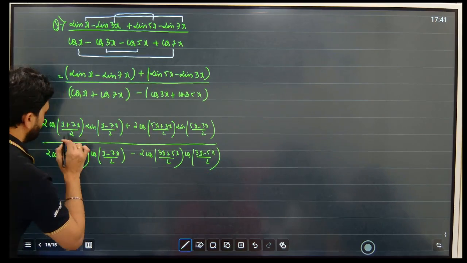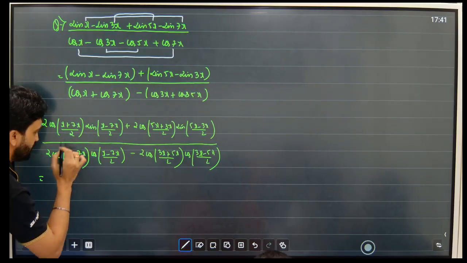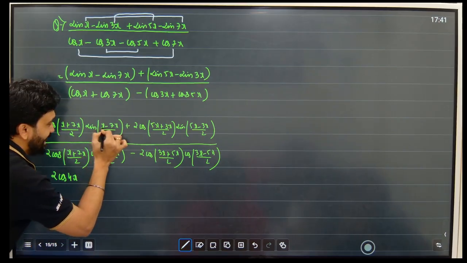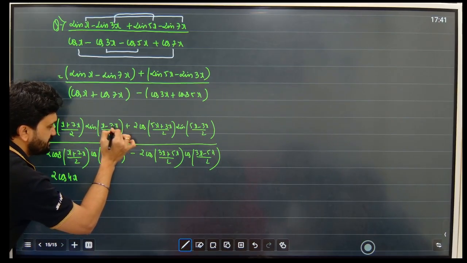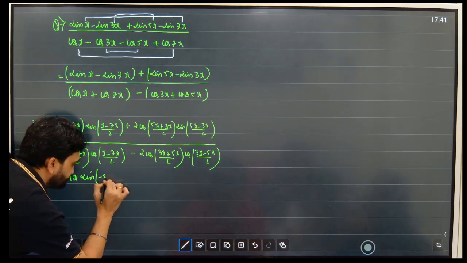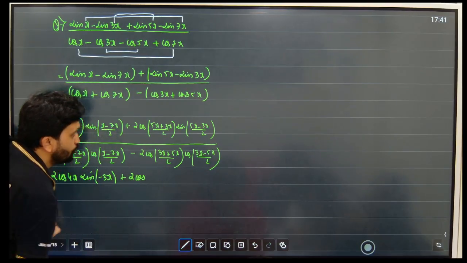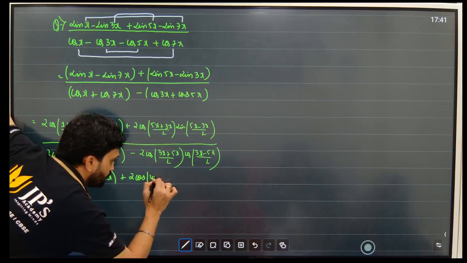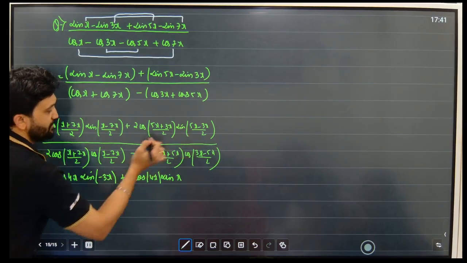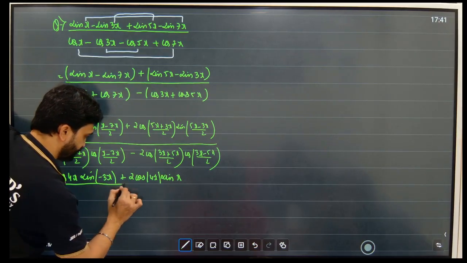If I proceed, this will become x plus 7x is 8x. 8x divided by 2 is 4x. So 2 cos 4x. x minus 7x is minus 6x. Minus 6x by 2 is sine of minus 3x. Plus 2 cos 4x into sine x, because 5x minus 3x is 2x, 2x divided by 2 is x.